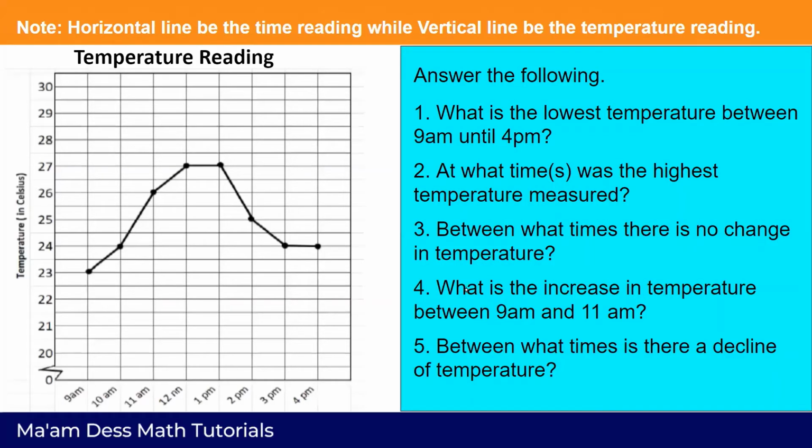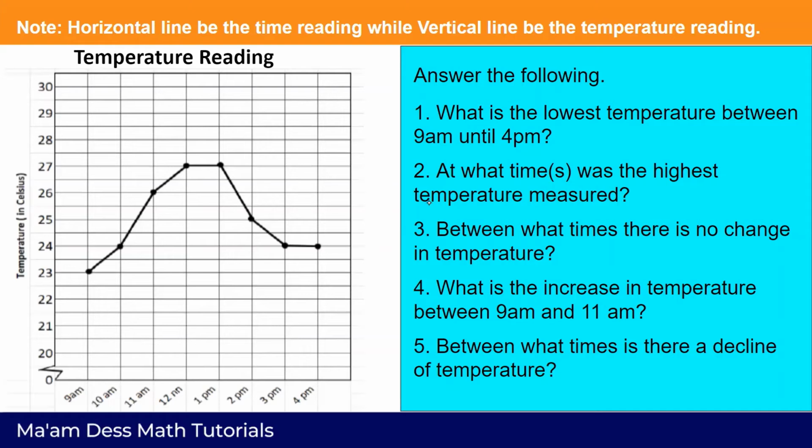Now, here is our line graph. Again, for the vertical axis, it is named temperature in Celsius. For the horizontal axis, as you can see, written the time. Now, let us answer the following.